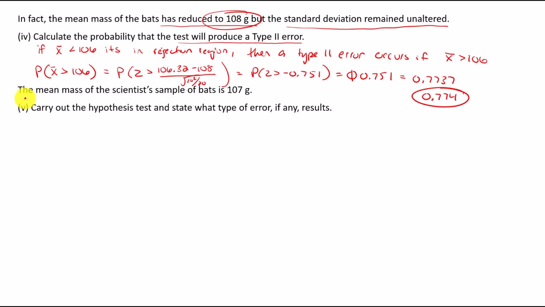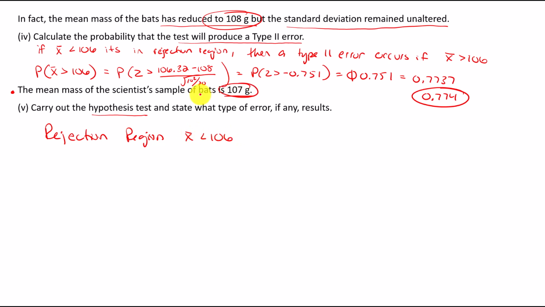So now, then we're told the mean mass of the scientist's sample of bats is actually 107 grams. Once he did this sample, this is what he got. So carry out the hypothesis test and state what type of error. In this case, we've already found the rejection region. Remember, the rejection region was when the mean was less than 106.